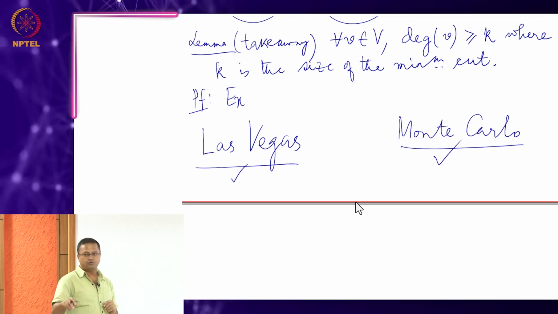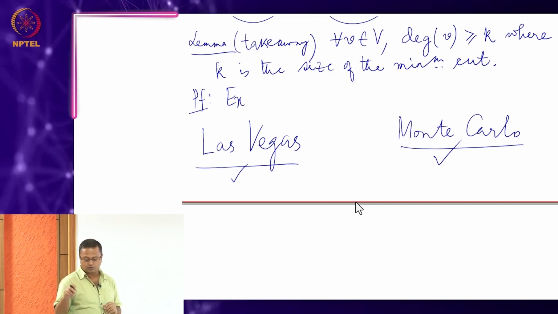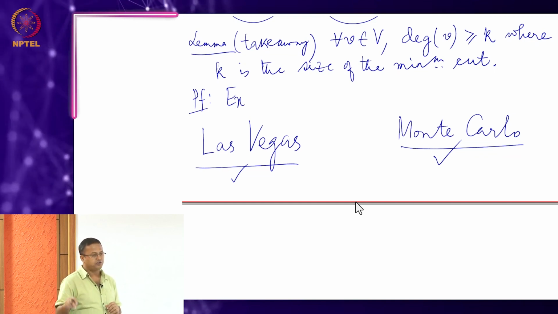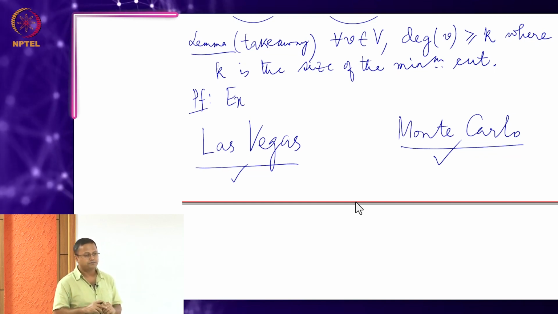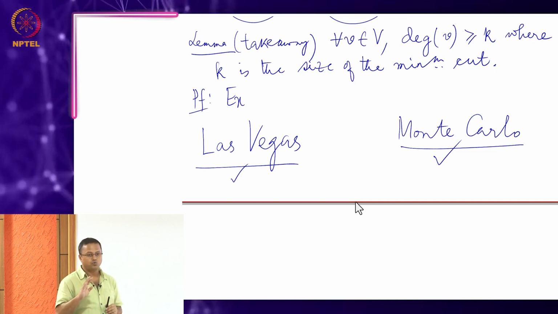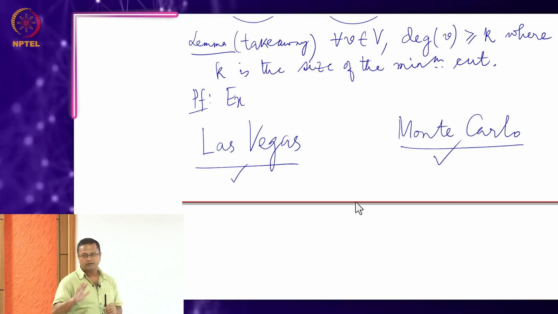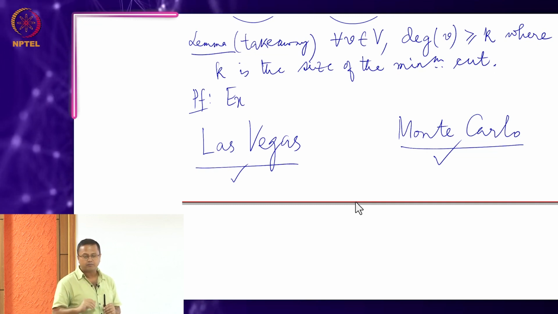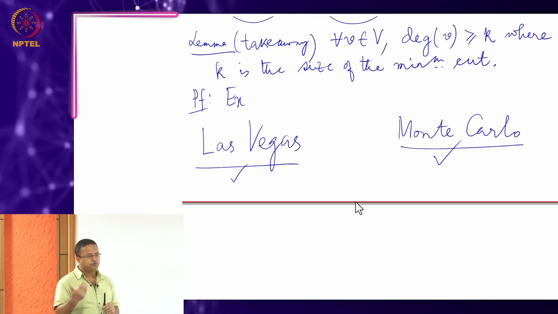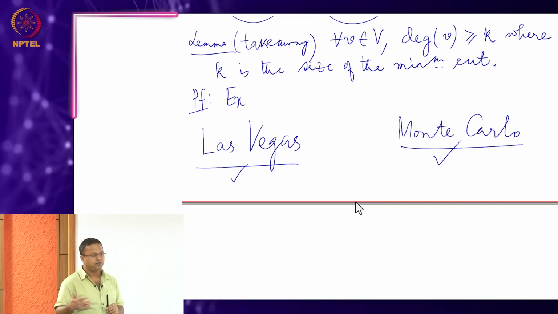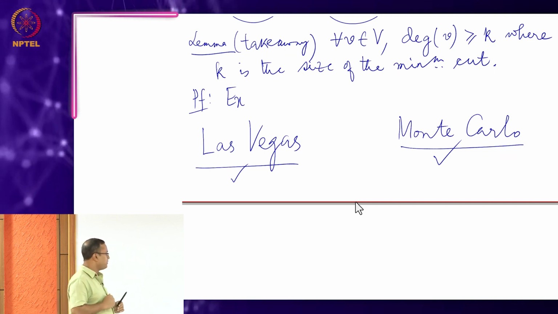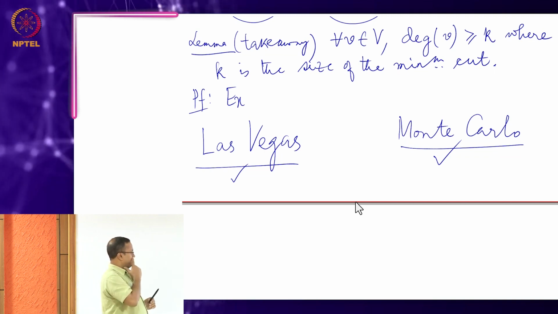So, now I am going to learn the first kind of Monte Carlo algorithm. I am allowed to err, but again we would prove a bound on the probability of that error. Fine, okay.